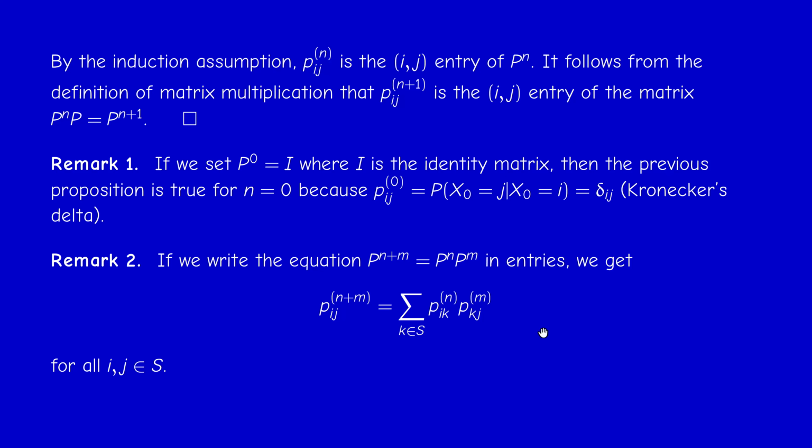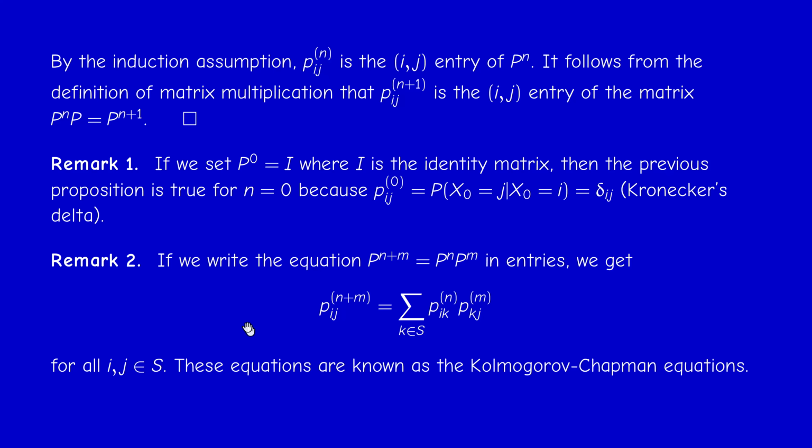And so these equations are known as the Kolmogorov-Chapman equations. So you have two ways of looking at the Kolmogorov-Chapman equations, either as we did in proposition 1.4, or you can look at them in this way. But they are really saying the same thing.